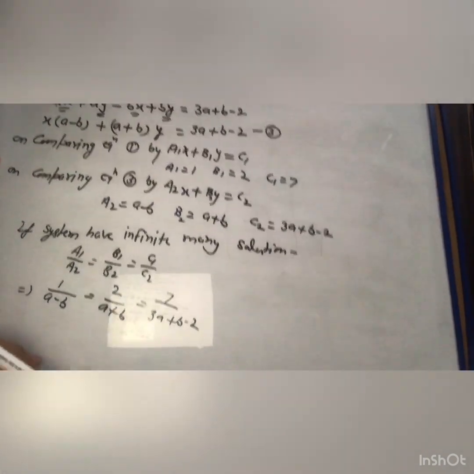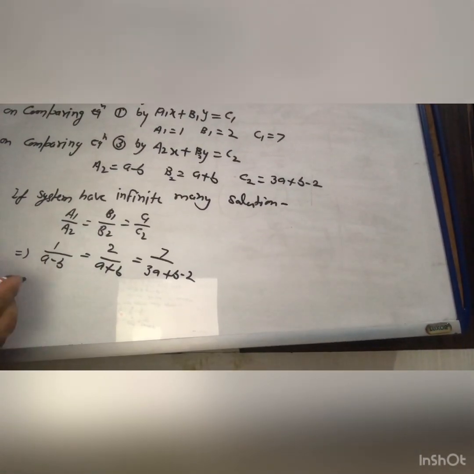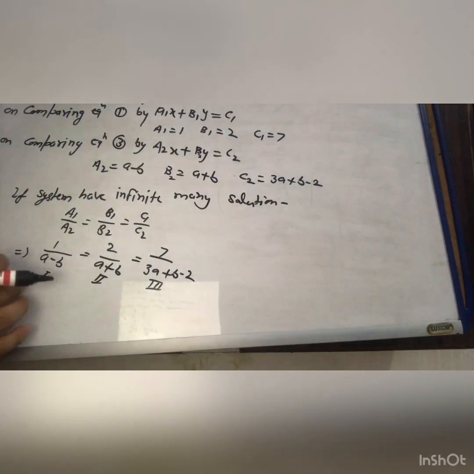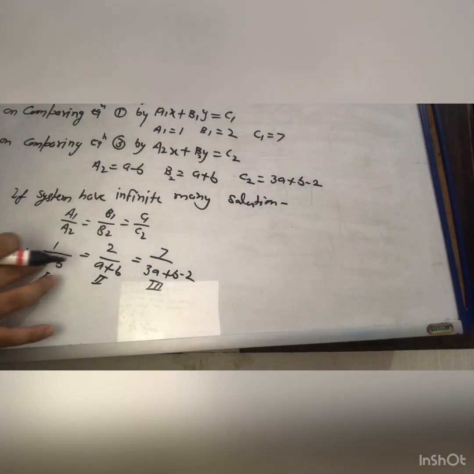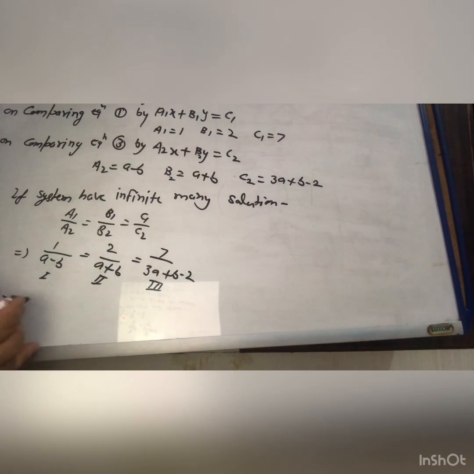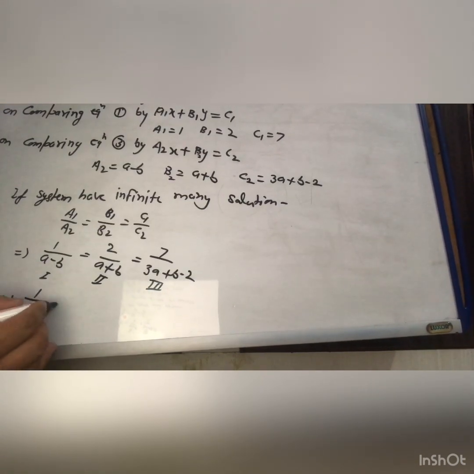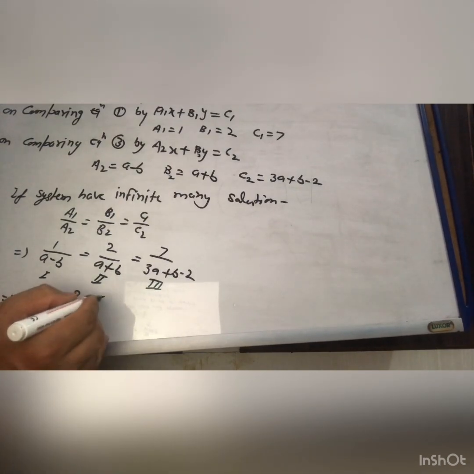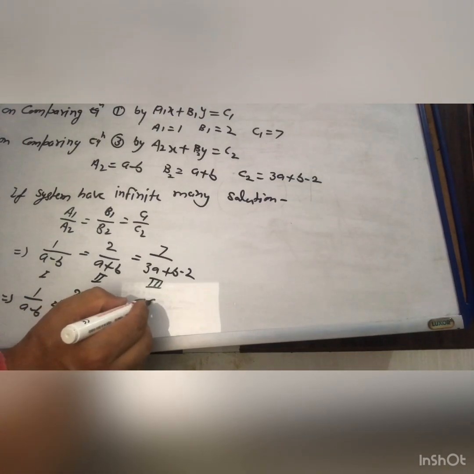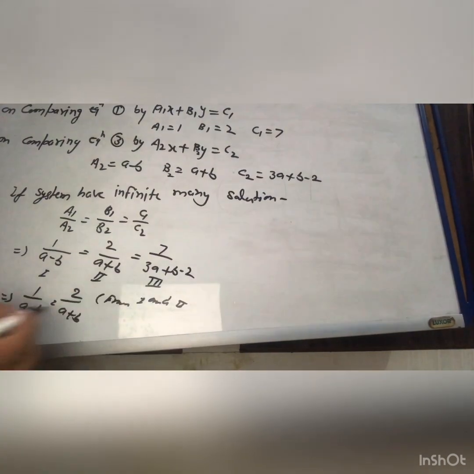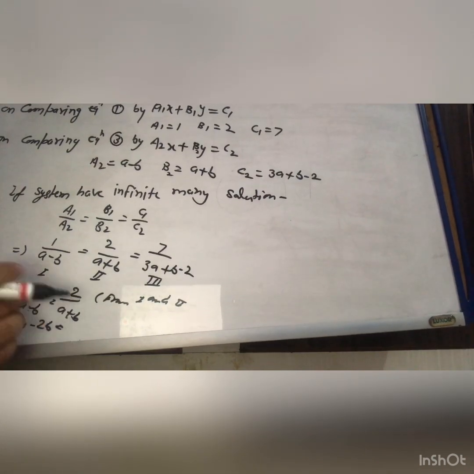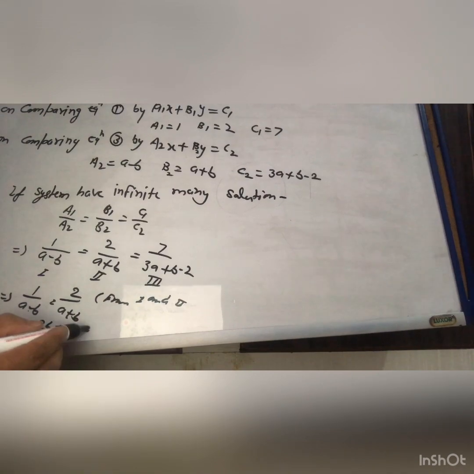Okay, so on solving this, this is the first part, this is the second part, and this is the third part. Take first and second. We get 1 upon a minus b equal to 2 upon a plus b. By cross multiplication, 2 into a minus b equals 1 multiplied by a plus b.